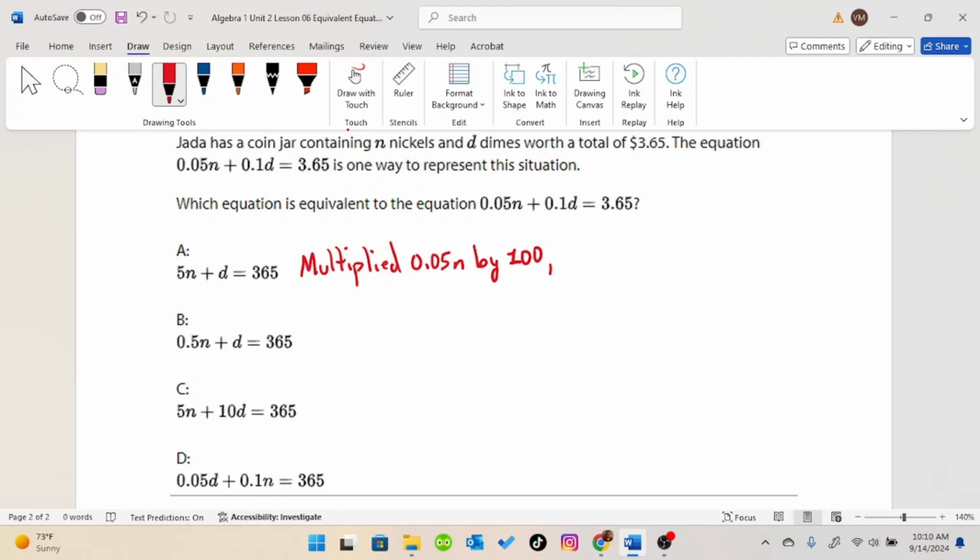To go from 0.1d to d, they multiplied by 10.